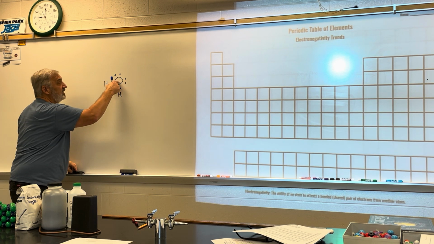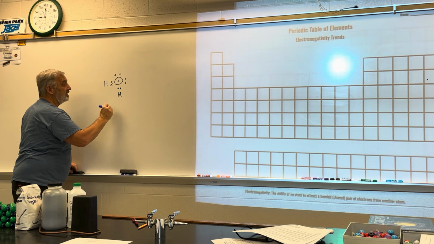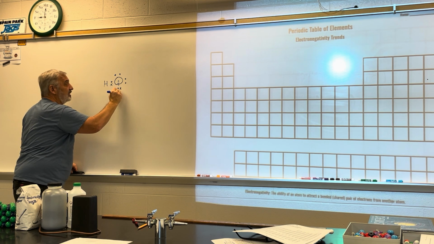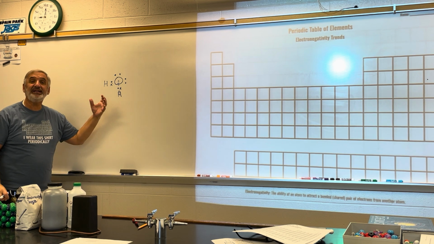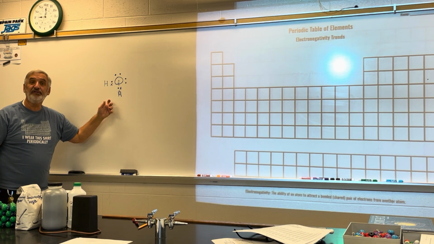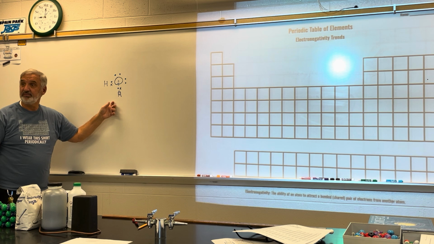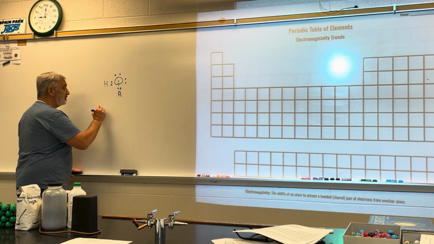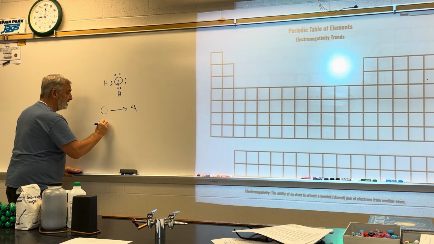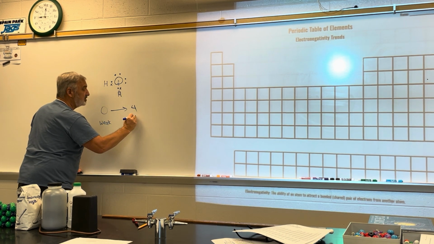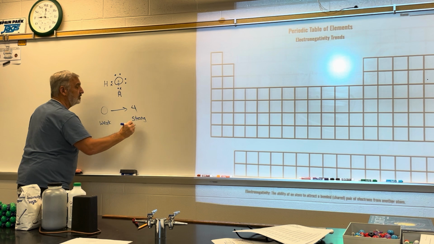There's a nucleus here, and there's a nucleus here, and it's a tug of war for the electrons. The electronegativity is that tug of war for the electrons. It's a scale from 0 to 4, with 0 being weak and 4 being strong. Okay?